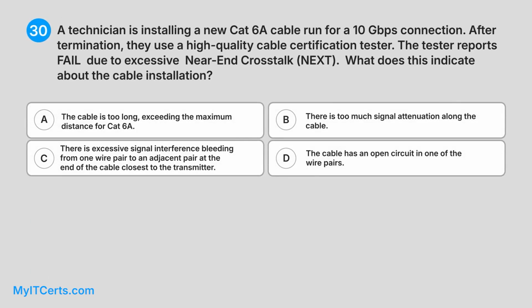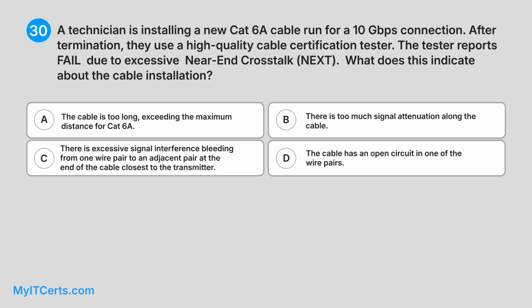30. A technician is installing a new Cat6a cable run for a 10 Gbps connection. After termination, they use a high-quality cable certification tester. The tester reports fail due to excessive near-end crosstalk, NEXT. What does this indicate about the cable installation? A. The cable is too long, exceeding the maximum distance for Cat6a.